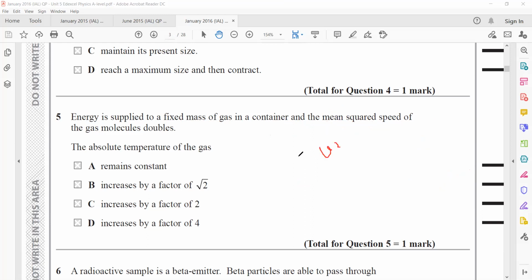How do you relate the VRMS? When we take a root mean square speed, what we do is square, then we take an average, and then we take a root.